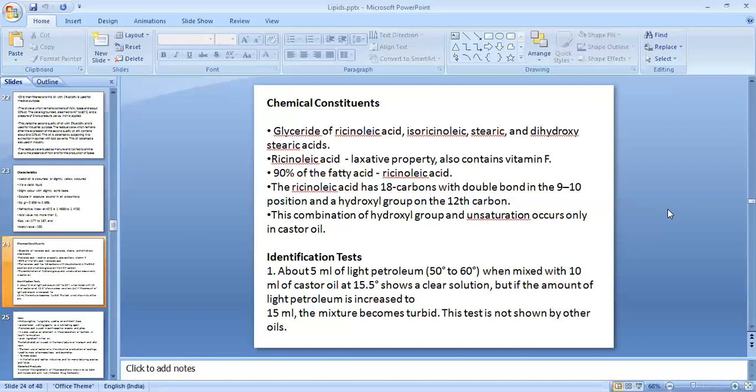So in the total content of triglycerides, around 90% is ricinoleic acid out of the total fatty acids.